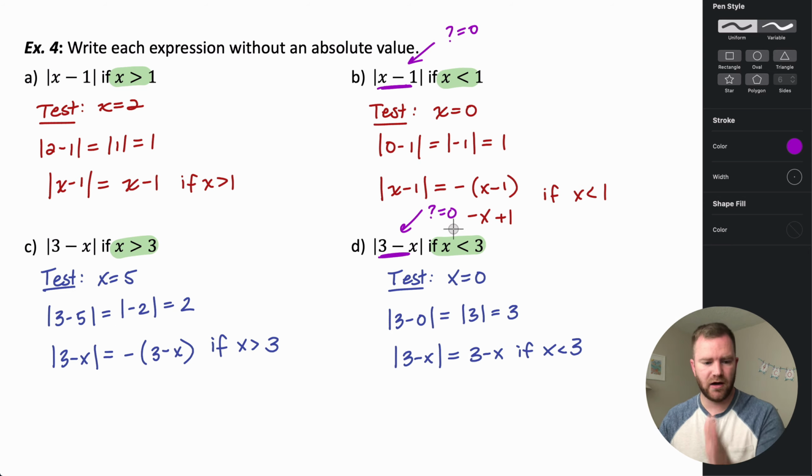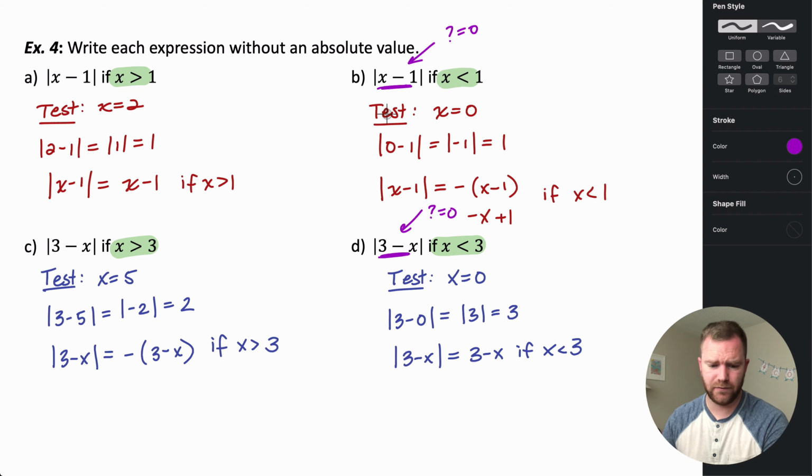And so that's our cutoff point for the absolute value. If you think about the absolute value function, we know that it has a V shape, and one side has a positive slope and one side has a negative slope. And there's that one point at which it changes. And that one x value is determined by what makes the inside of the absolute value equal to 0.